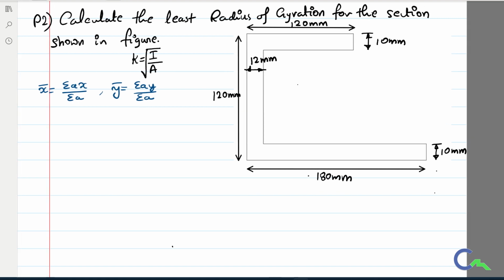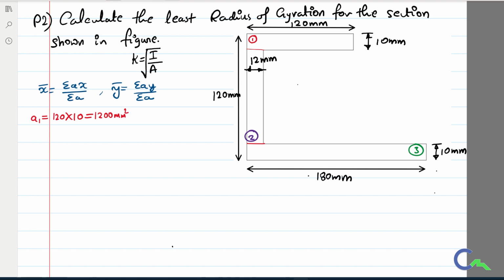For that reason, I will divide this particular figure into three rectangular components. I will call this the first rectangular component, the vertical web I will call the second rectangular component, and this horizontal bottom flange I'll call the third rectangular component. So let us calculate the different areas. A1 is given by 120 into 10, so that is 1200 millimeters square.